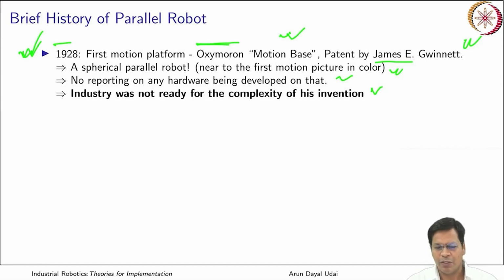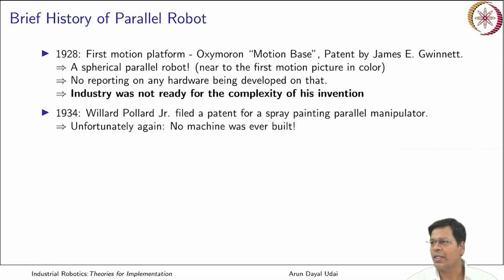Okay, so yes, in 1934 Pollard came in with a new patent for a spray painting parallel manipulator. Unfortunately, again, no machine was ever built for that. The patent was filed which claims that it can do some spray painting operation using a parallel manipulator, but no machine was built. So this was in 1934.